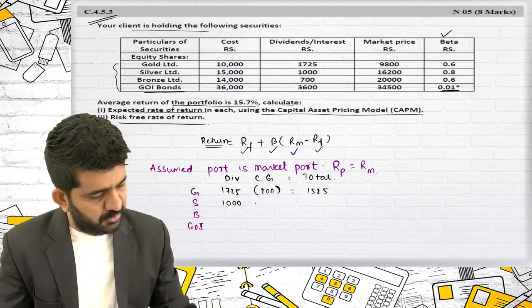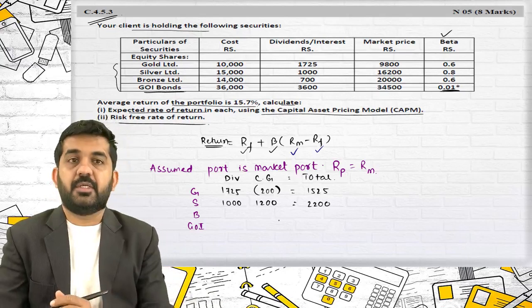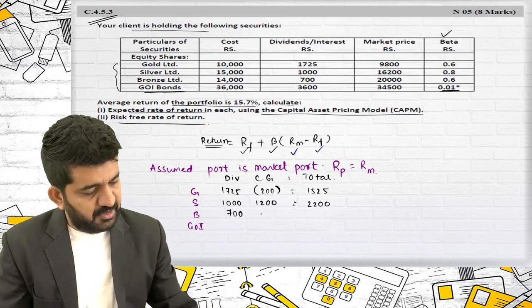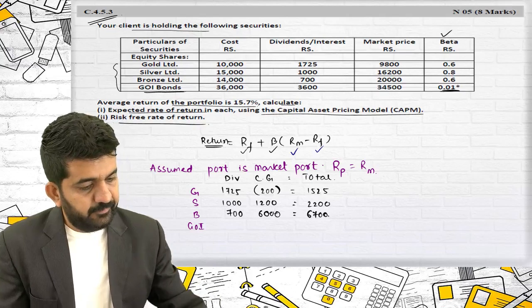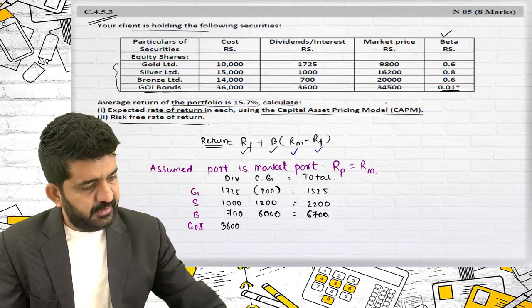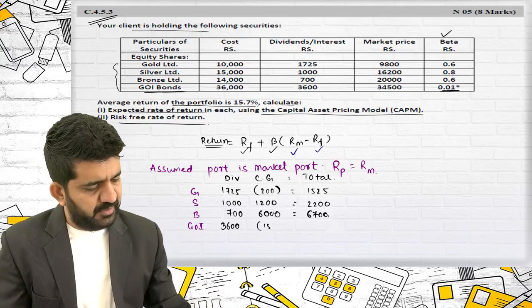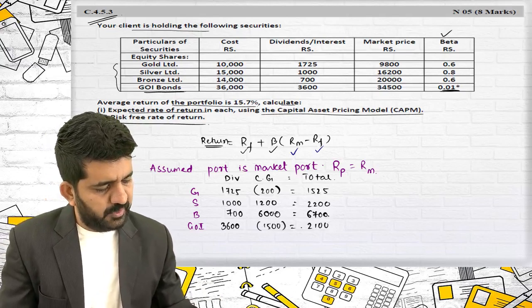Capital gain is 1200. Total will be 2200. Dividend is 700. Capital gain will be 6000. Total will be 6700. And in this, dividend is 3600. Capital gain is minus 1500. And this will be 2100.